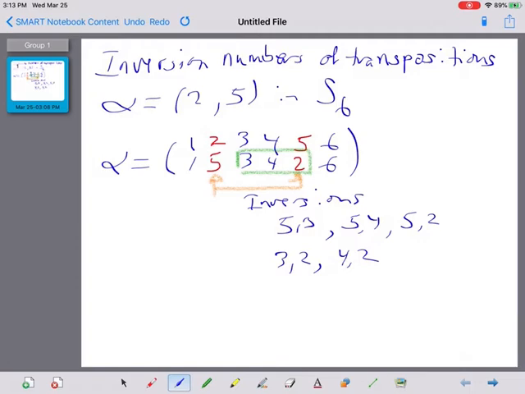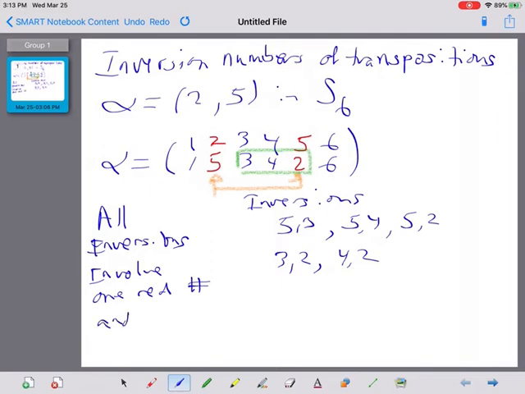And that's worth noting over here. So all the inversions involve one red number and one number between the two red numbers.